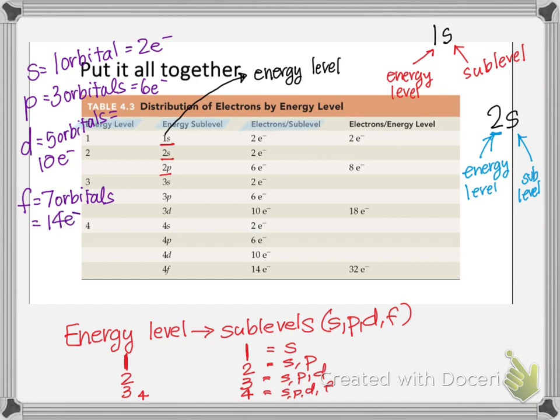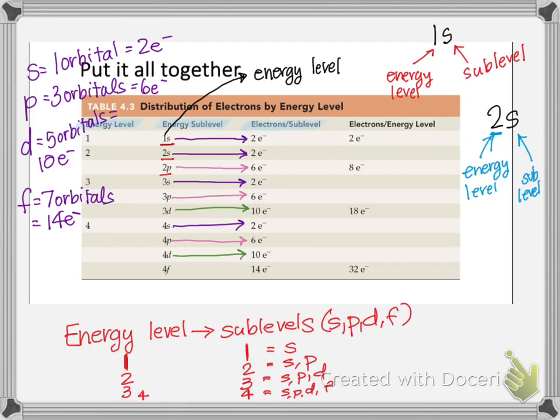So when we look, anything with an S has 2 electrons because they only have 1 orbital. Then anything with a P has 6 electrons because they have 3 orbitals. Anything with a D has 10 because they have 5 orbitals.